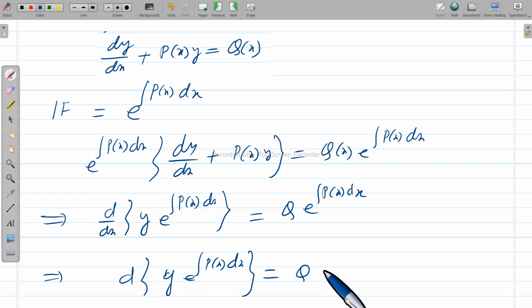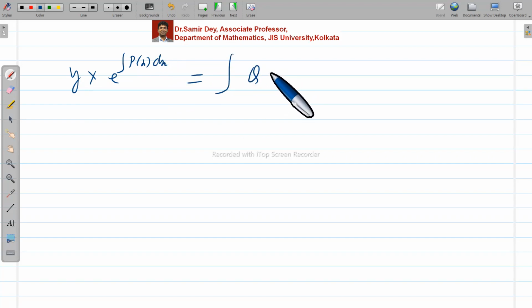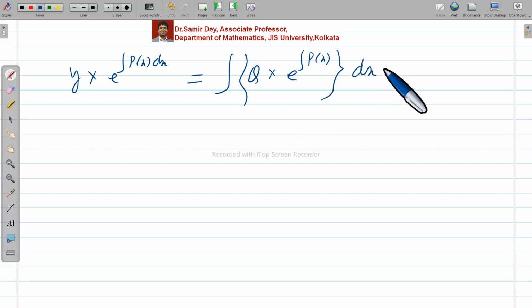On the right side you have Q times e to the power integral P dx, and you integrate. So ultimately, y into e to the power integral P(x) dx is equal to the integral of Q(x) into e to the power integral P(x) dx.